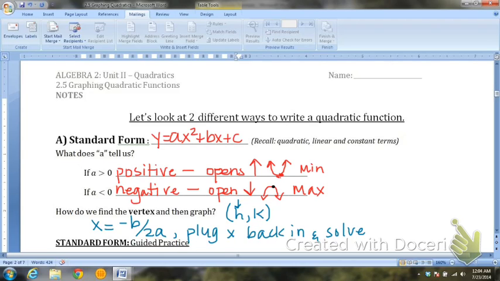We're going to do several examples so you will not be lost. But you need to star this somehow, that this is how we find the vertex, because students will start graphing and they will say, I don't know how to find the vertex. Well, opposite of b over 2a.